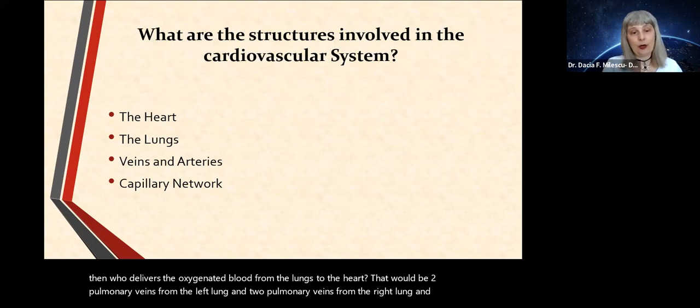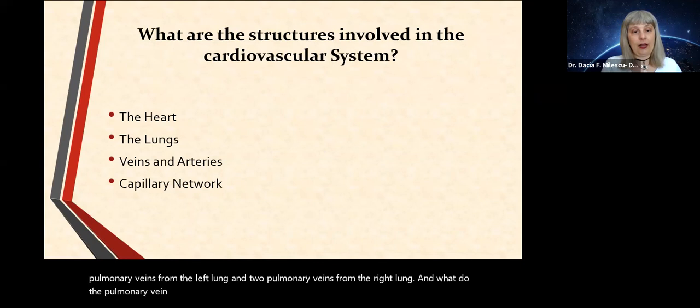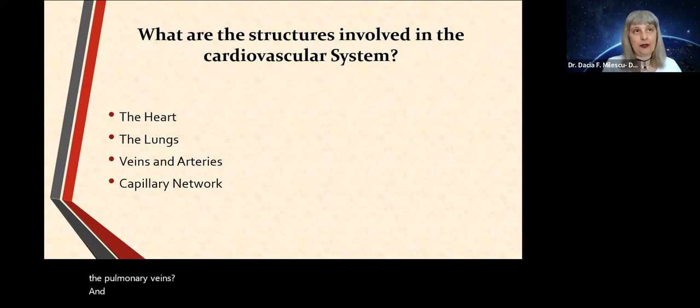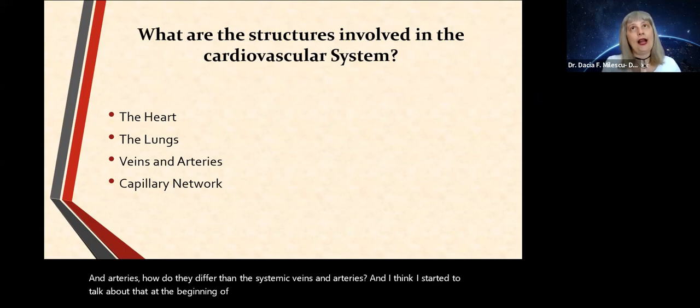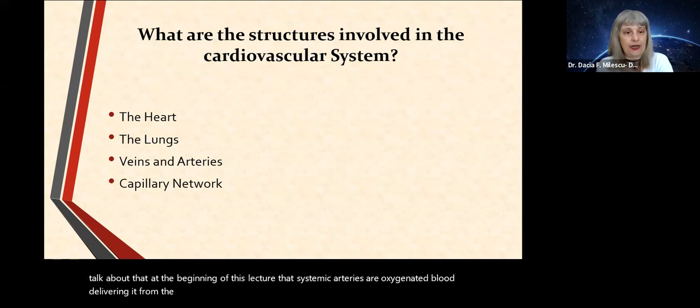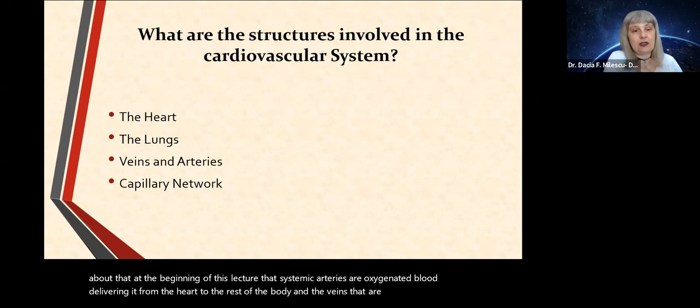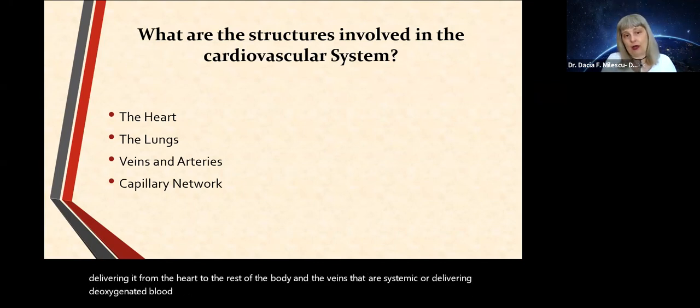And how do the pulmonary veins and arteries differ from the systemic veins and arteries? I think I started to talk about that at the beginning of this lecture: systemic arteries carry oxygenated blood from the heart to the rest of the body, and the systemic veins deliver deoxygenated blood back to the heart.